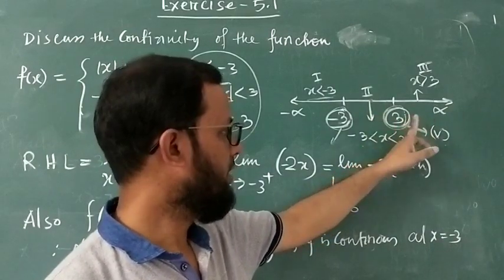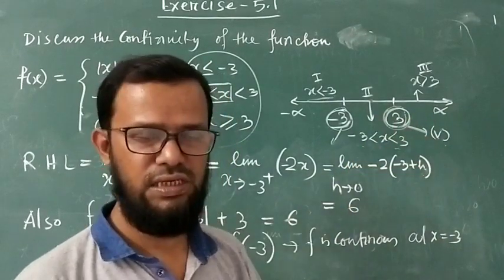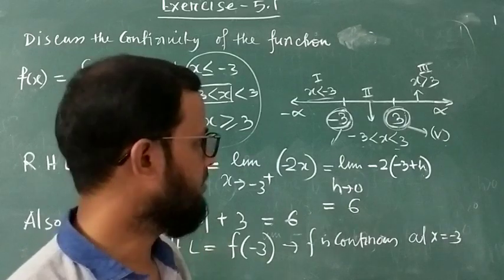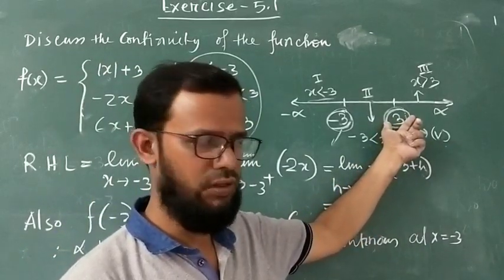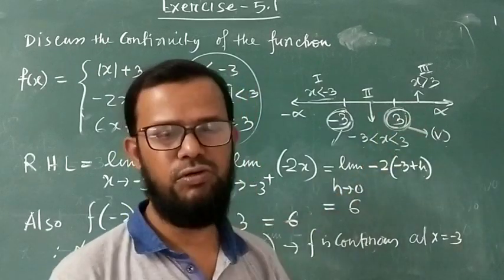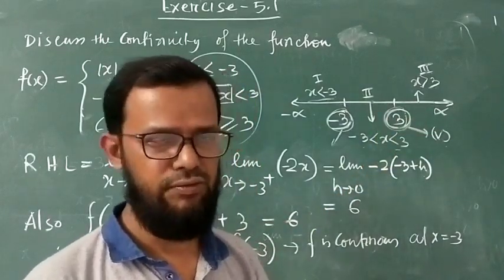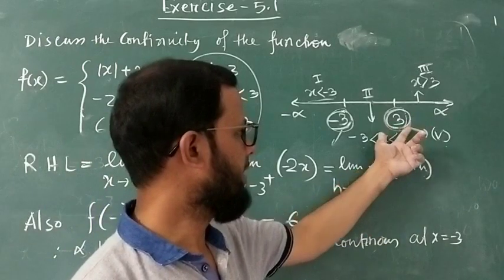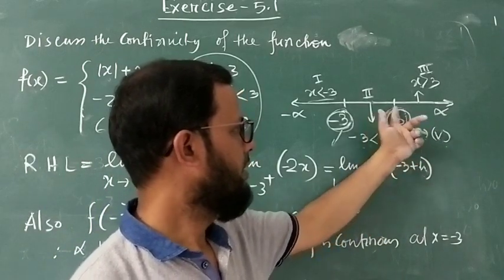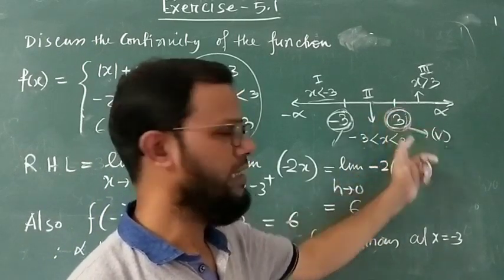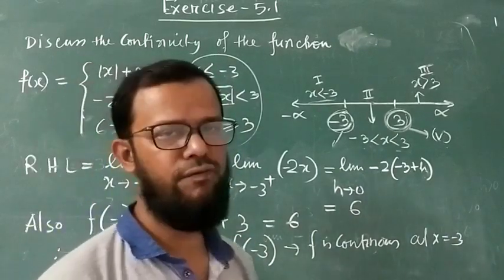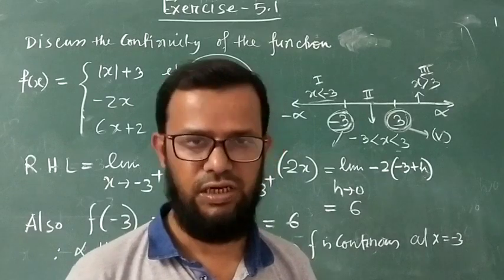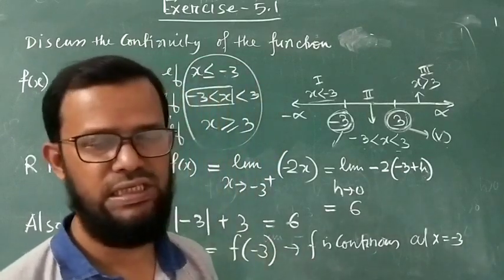If we observe that at x equal to 3 the left hand limit and right hand limit are not equal, then there is no need to proceed to find the functional value. We can conclude from there that the function is not continuous. And if at x equal to 3 the left hand limit and right hand limit are the same, then we can go further to find the functional value, and check whether all three are equal or not.